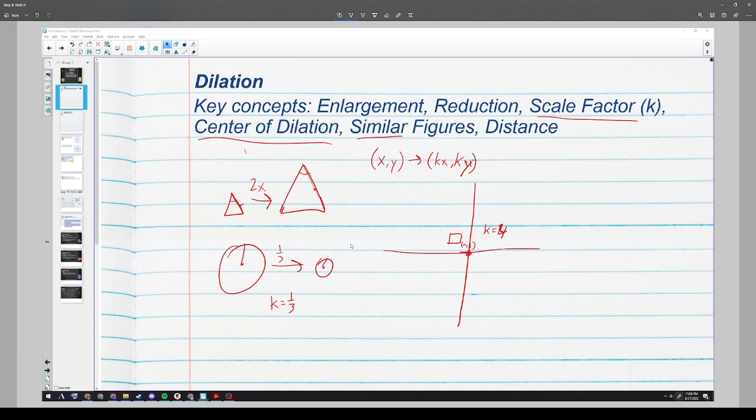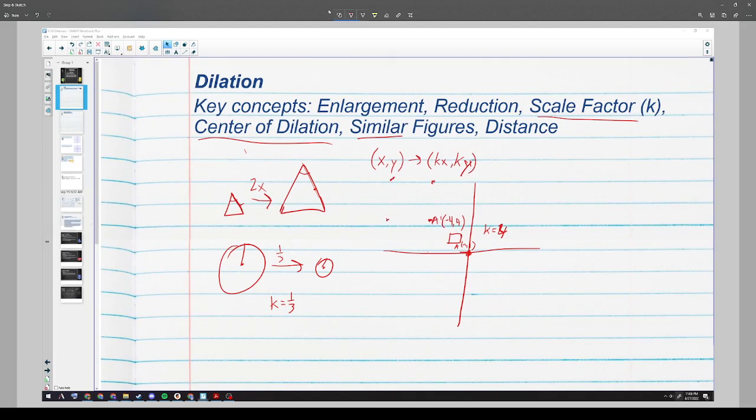I would go to (-4, 4), so like right here, and if this is A, I would make my A prime point right here at (-4, 4). So I'm applying this rule here, just multiplying k times the x and y coordinates. Then I would do the same thing for B, C, and D, if those are those points.